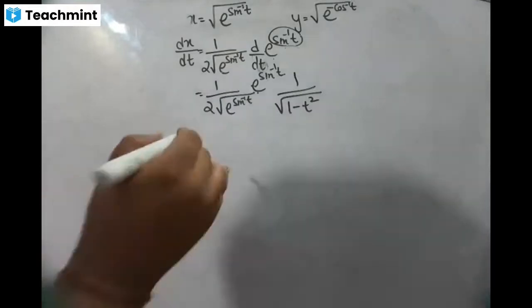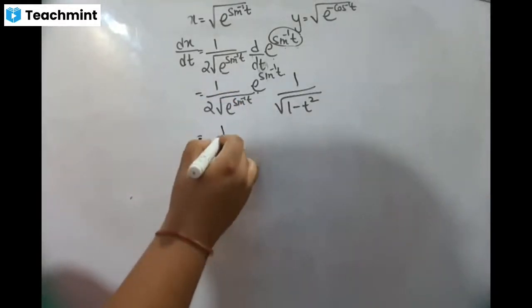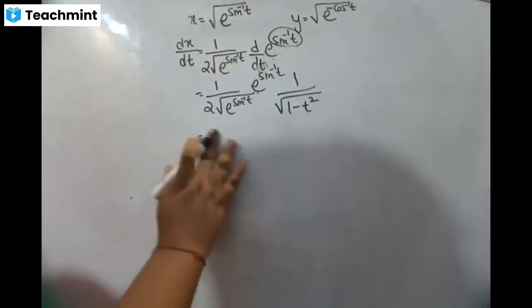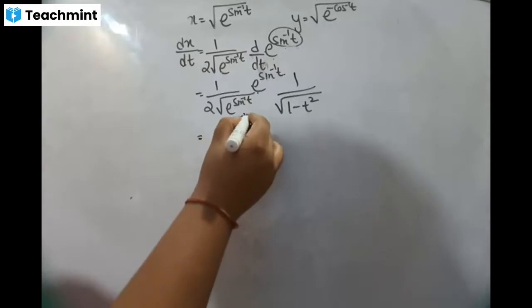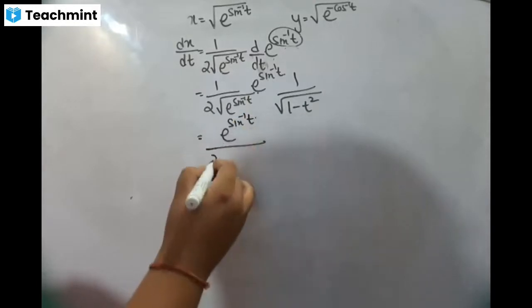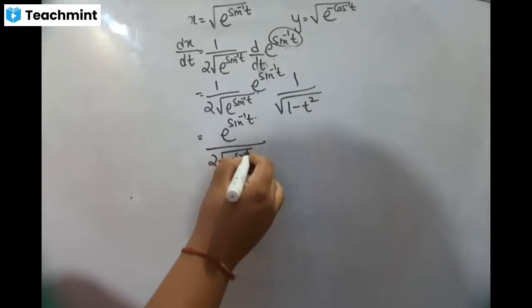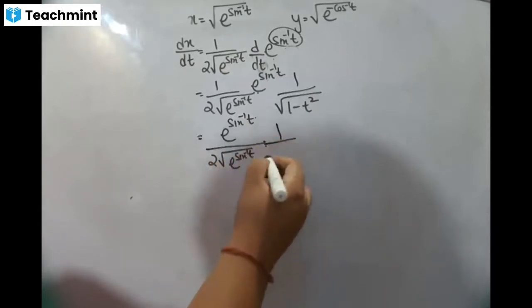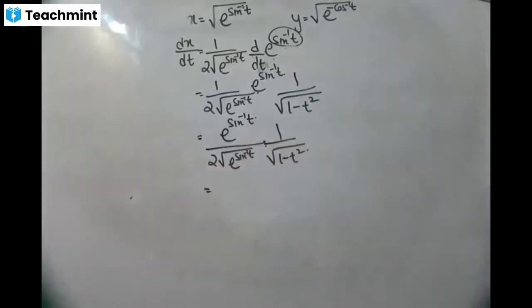Okay. So everyone, just help me put the value. So what do you get? Just see, 1 by, what do you get? In the numerator, you will get e to the power sine inverse t divided by 2 under root e to the power sine inverse t into 1 by root 1 minus t square. And if I substitute the value, what do you get?